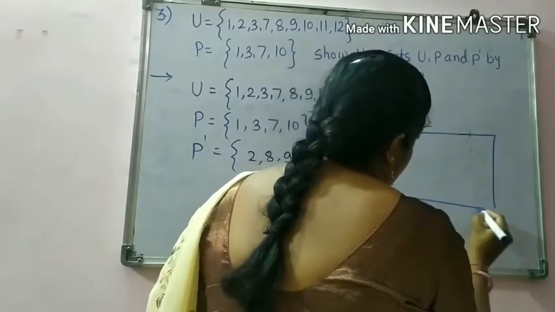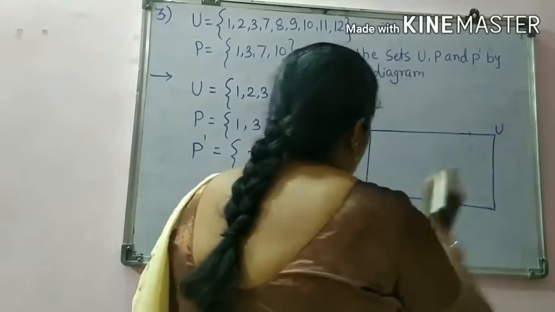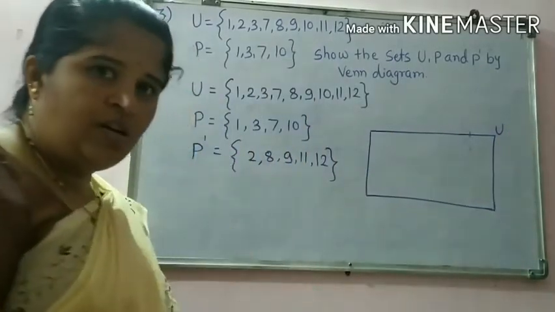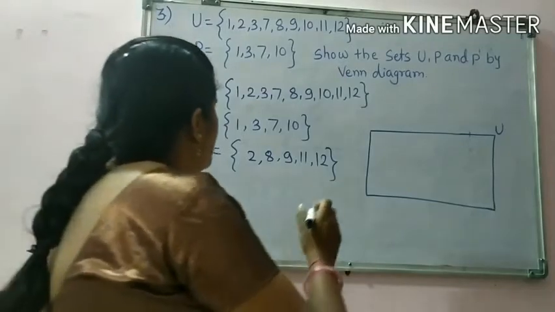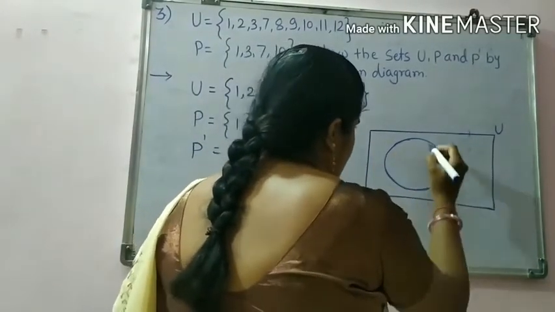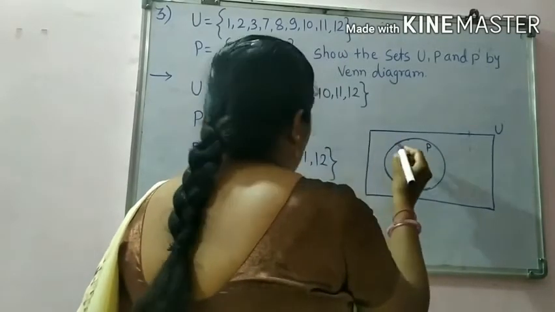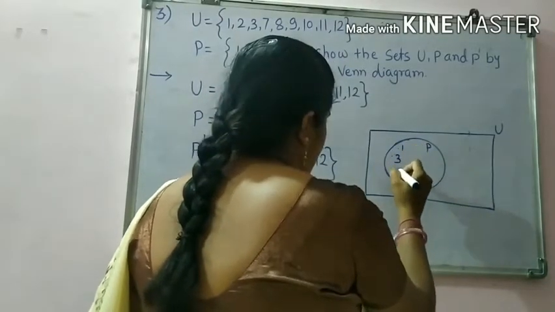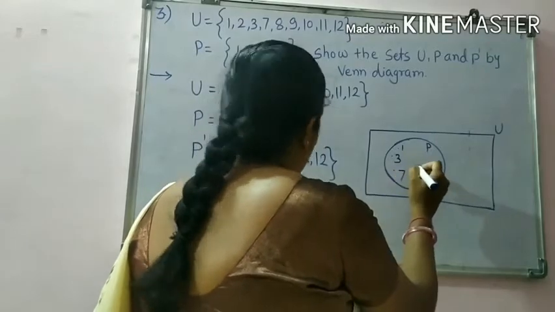This is our universal set U. In this, first of all we shall show the set P. The elements of set P are 1, 3, 7 and 10.